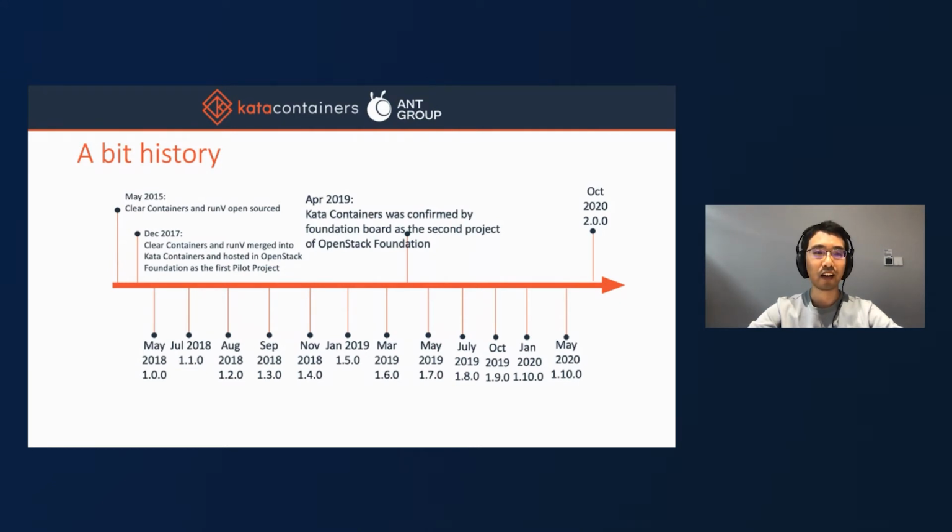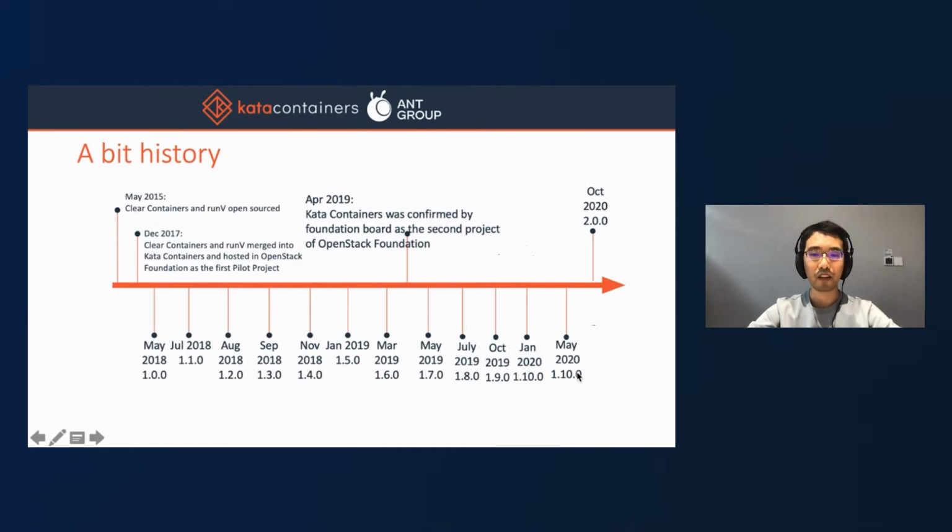As Kata evolves, in October of this year we released the 2.0 release of Kata Containers, and the OpenStack Foundation was renamed into the OpenInfra Foundation. So that's the main history.